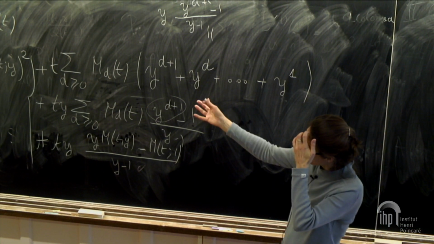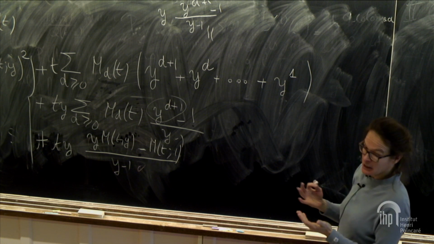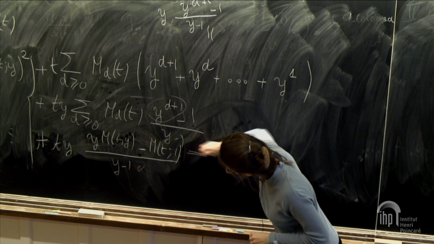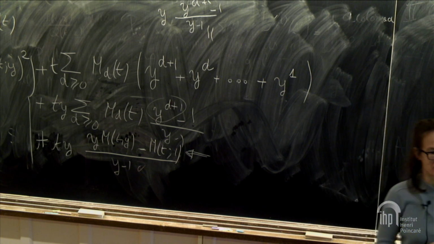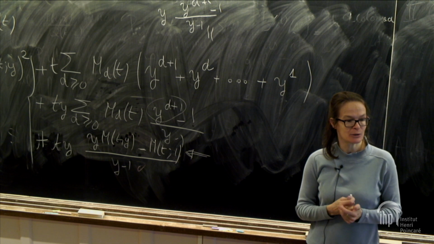So what's happening here? I have this bivariate series M, which is, I hope, characterized by a functional equation, which involves, and that's the most characteristic part of this equation, its specialization when y is 1.